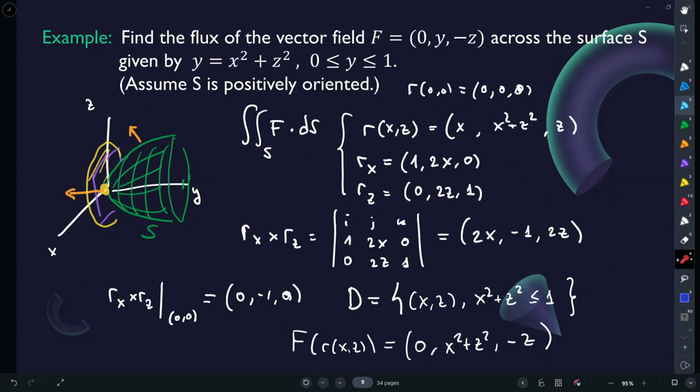The flux is constant, equal to minus pi, in the way this is set up. Here the flow is not constant, it depends on the point, but there is some flow, and in this case it's minus pi, which says that there is more flow towards the inside than there is towards the outside.